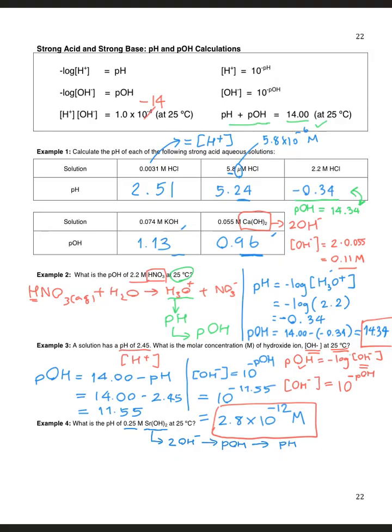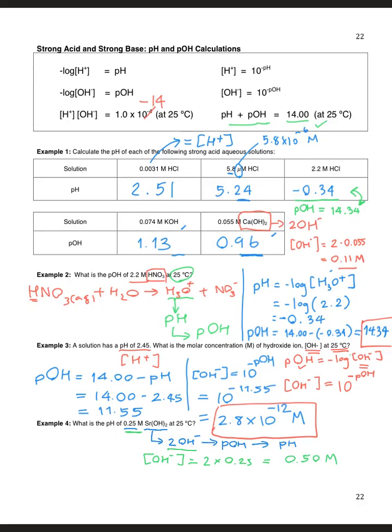Because strontium hydroxide is a strong base, 0.25 molar of strontium hydroxide would produce 2 times the hydroxide ions, which equals 0.50 molar of hydroxide ions.